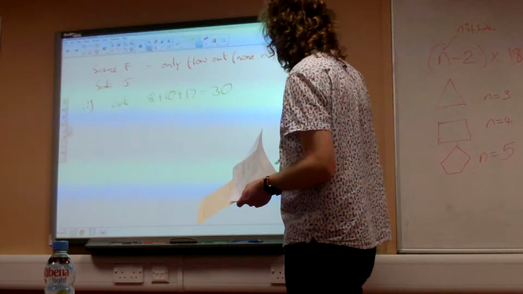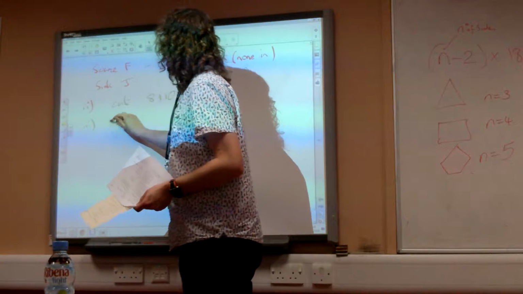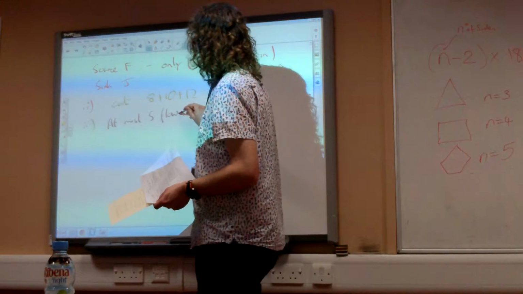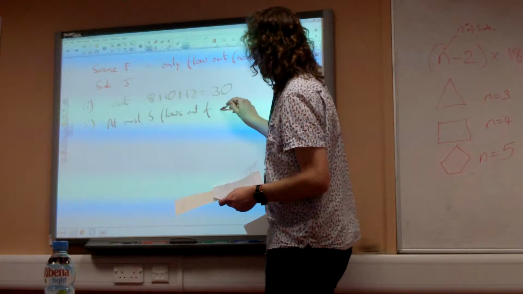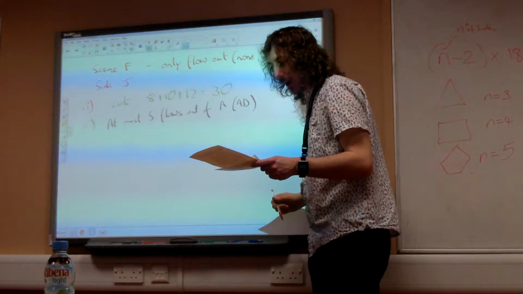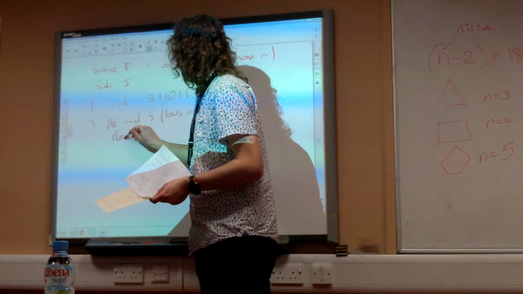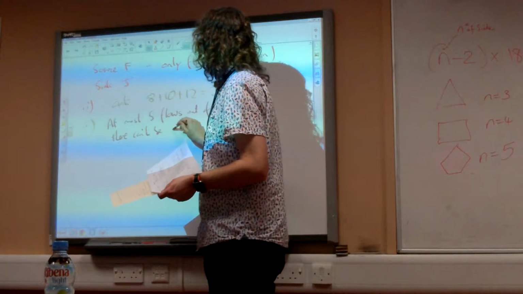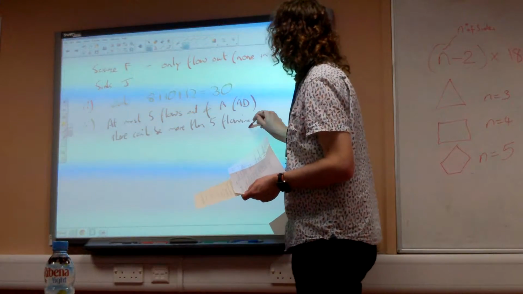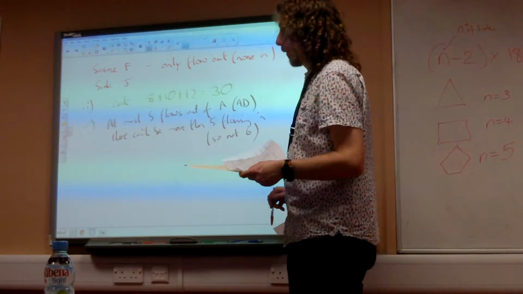At most 5 flows out of A along AD, and so therefore you can't have more than 5 flowing in. So not 6. Okay, so that's the first bit.